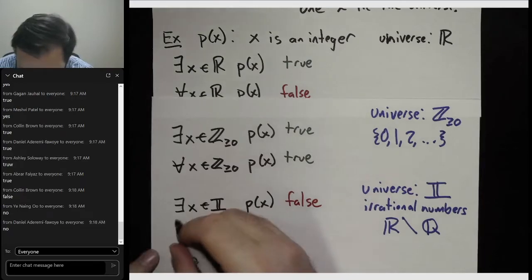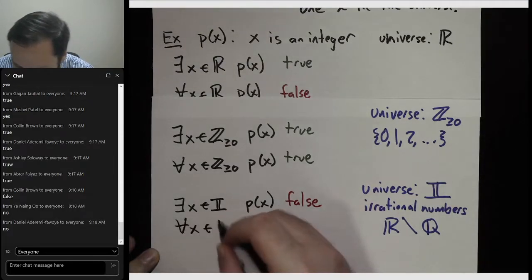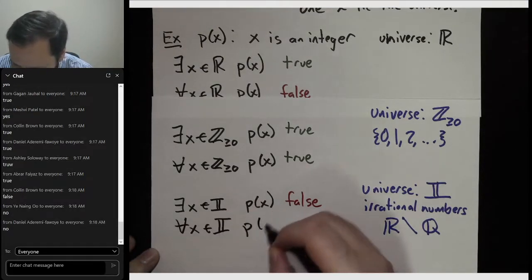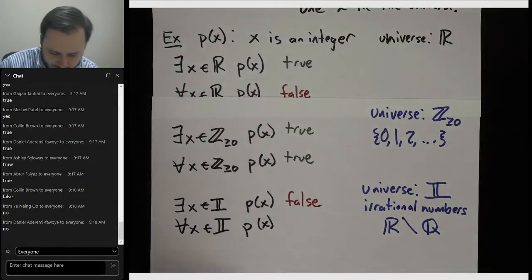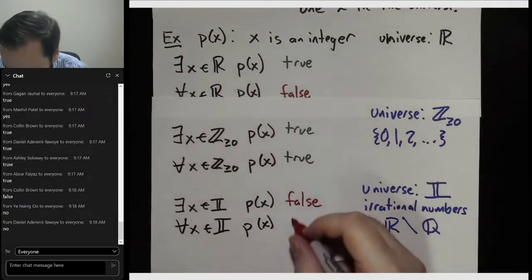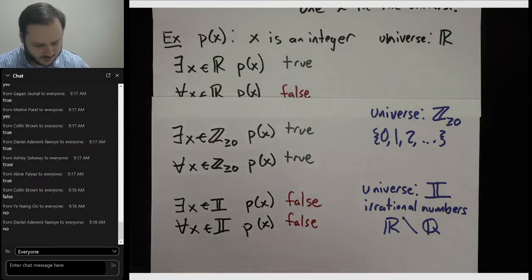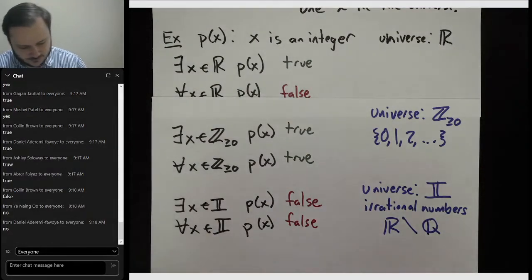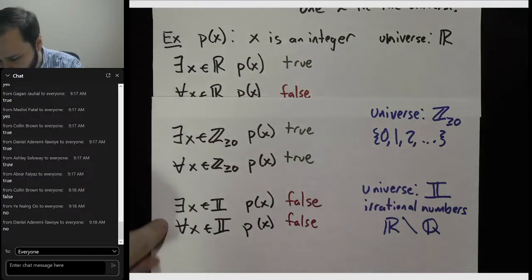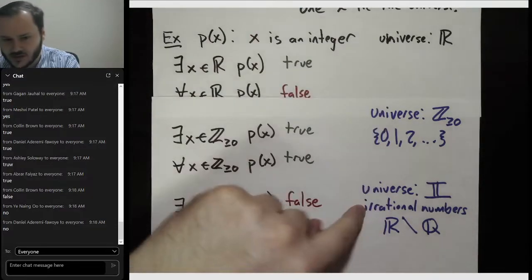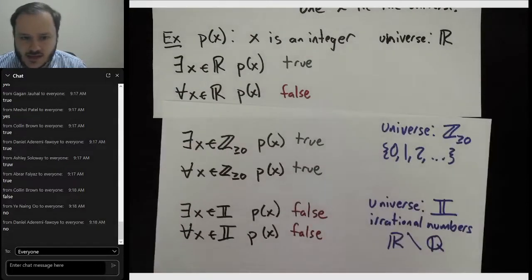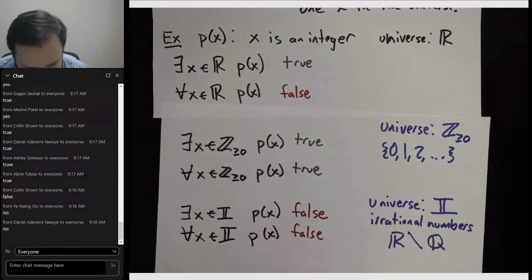So, unsurprisingly, it is not true that all of them are integers. So, open statements are not propositions. If we quantify them and we give them a universe to work in, then they become true or false.